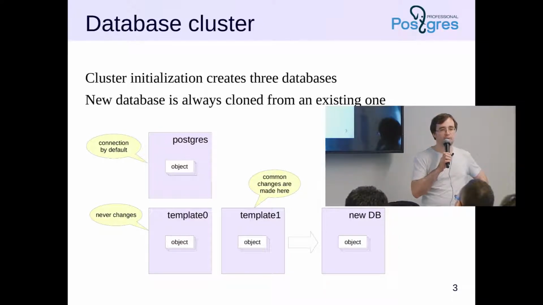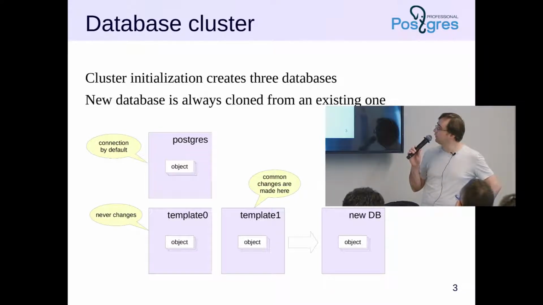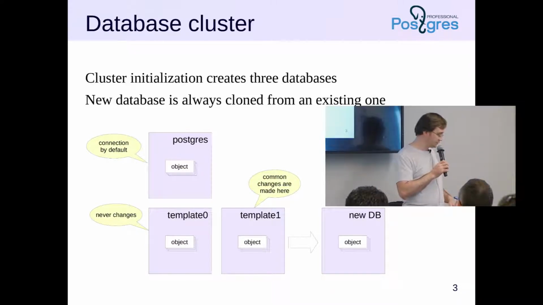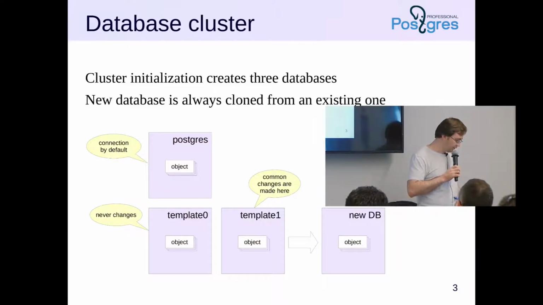So in template1 you can make all changes that you want to be propagated to all databases that you will create. Okay. And of course you can create new databases as you want.